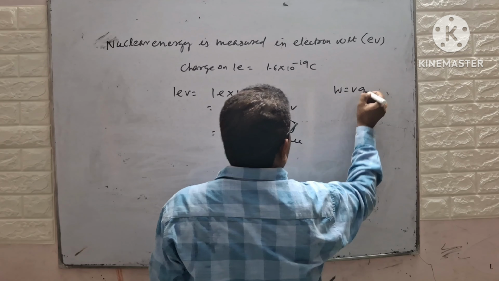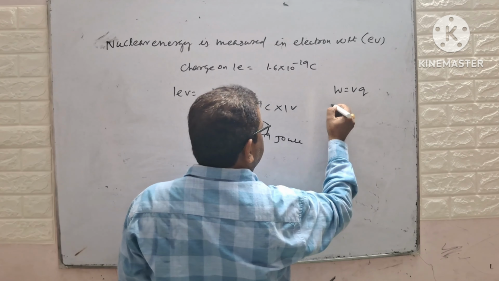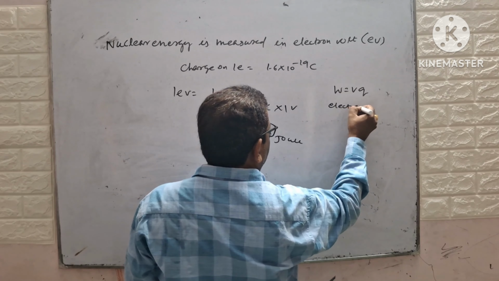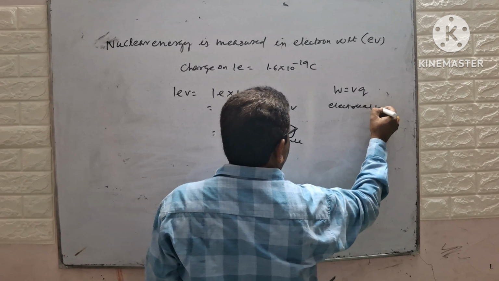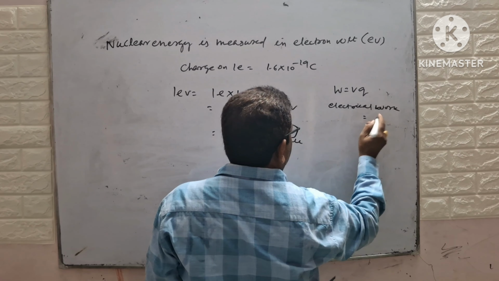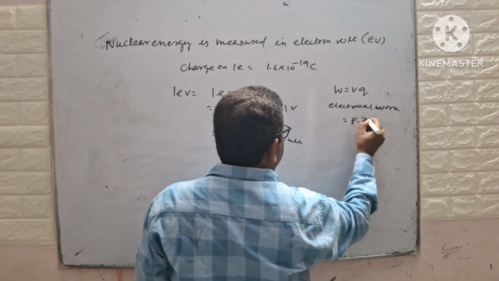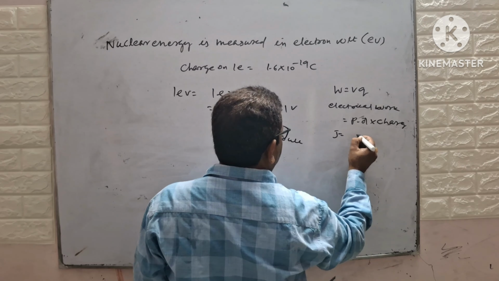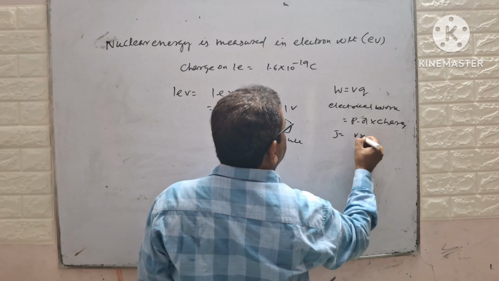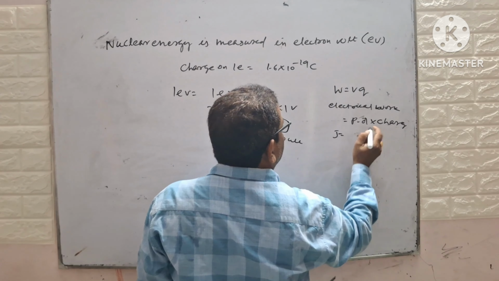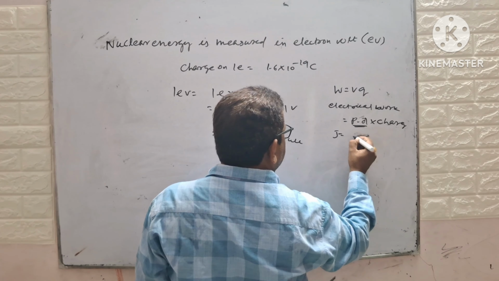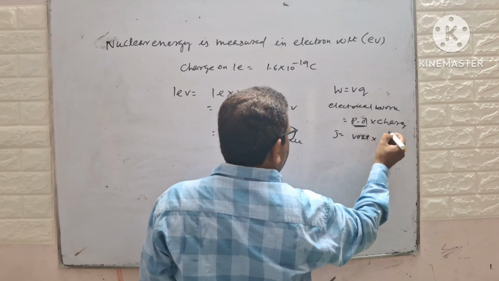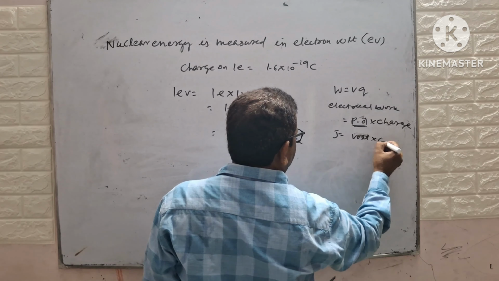W equal to VQ, electrical work done equals potential difference into charge, or joule is equal to volt into coulomb. The SI unit of potential difference is volt and the SI unit of charge is coulomb.